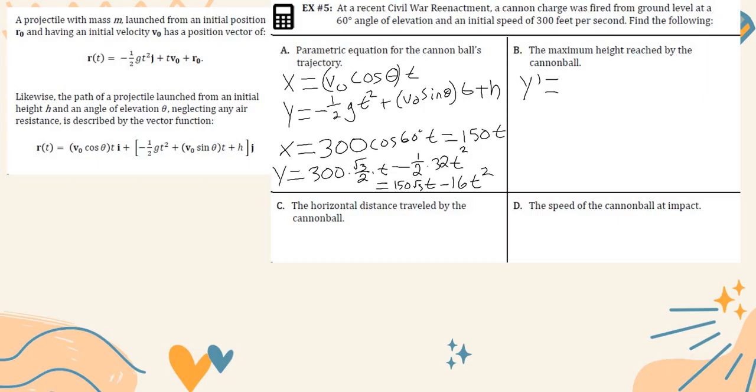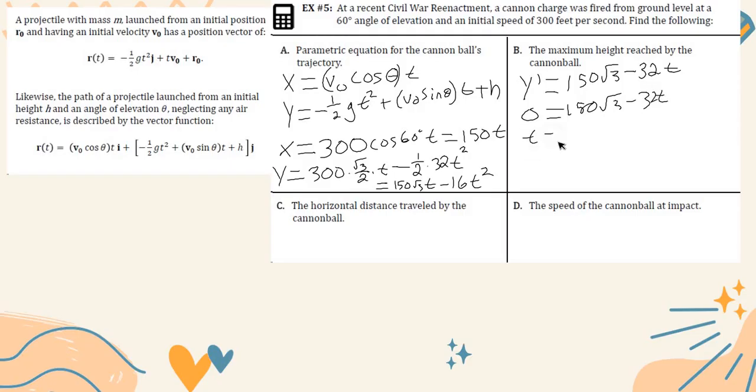So y equals the square root of 3, minus, and we are solving for t. Again, this is calculator active, so when we solve, we're going to plug that in.